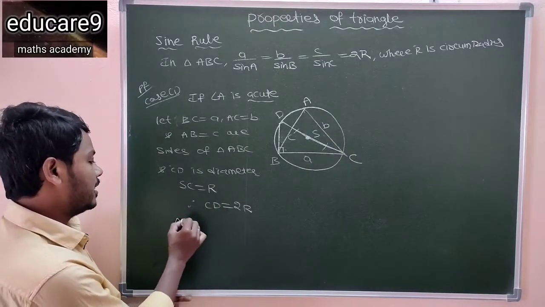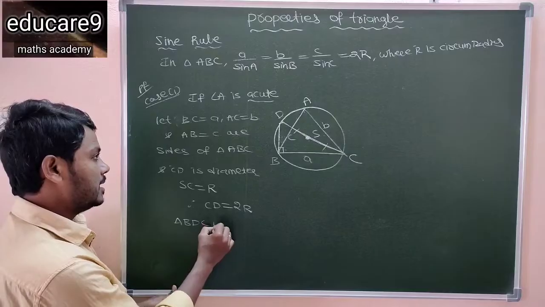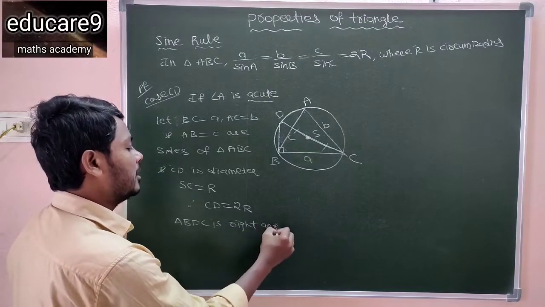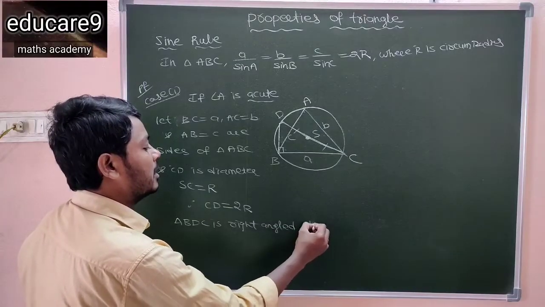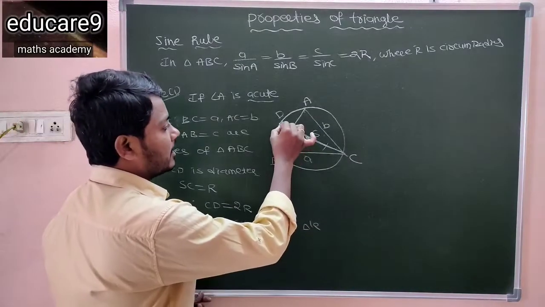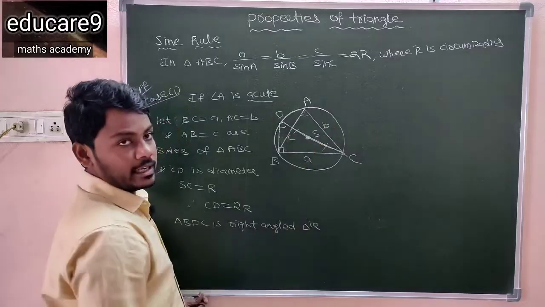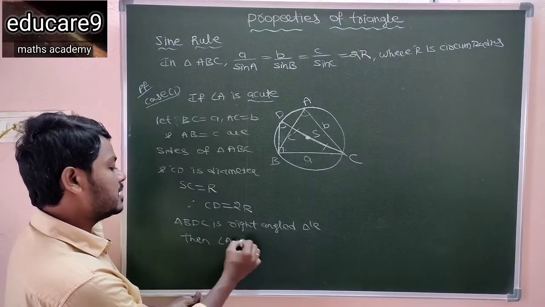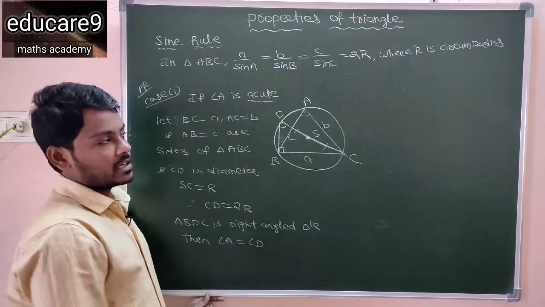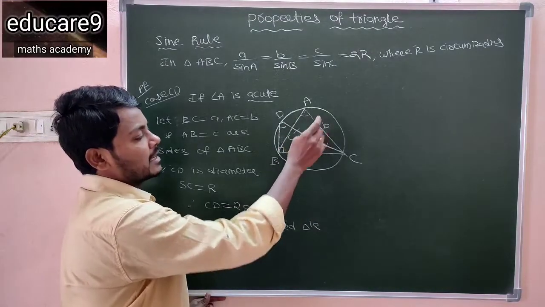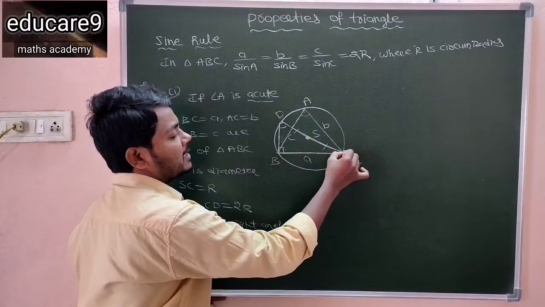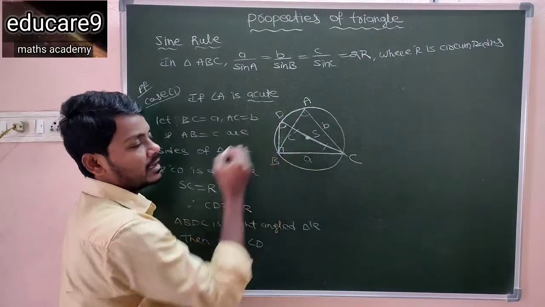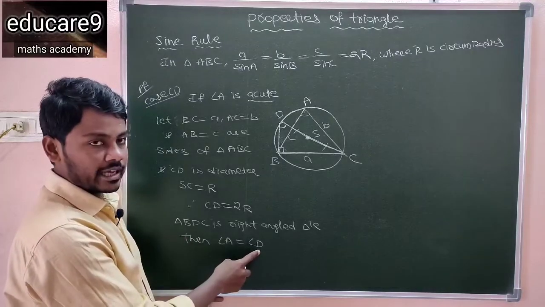So clearly angle A is equal to angle D, because these two angles are on the same line segment BC. So that's why these two angles are equal.